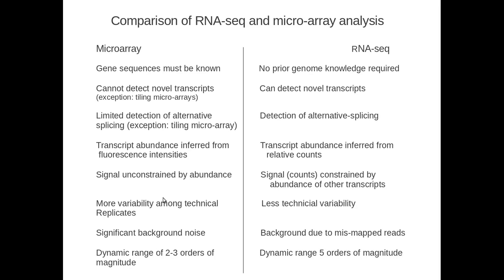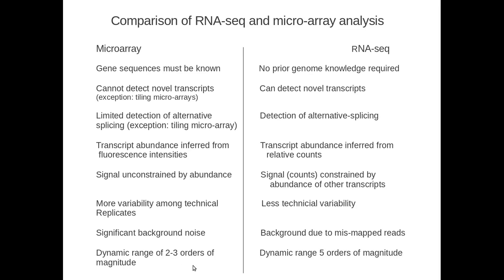There's more variability in microarray data. There's a little less in technical replicates in RNA-seq. Signal background noise, as I mentioned, is higher in microarrays than in RNA-seq. And then importantly is the dynamic range. We can measure differences in expression for very lowly expressed genes and very highly expressed genes in RNA-seq, where we can't do so at the extremes of very low and very high expression in microarrays.